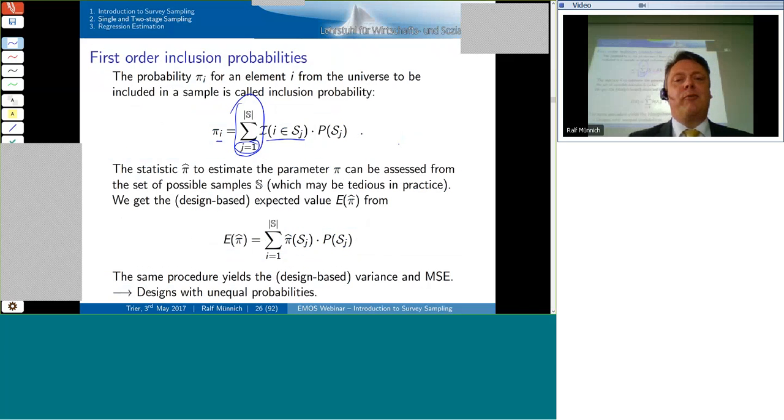But for us, with the first order inclusion probability, what we do here is to make the difference between classical inference and the inference coming from sample designs. What we see here is that we talk about the so-called design expectation, the design-based expected value, because now the random variable is which sample we draw.